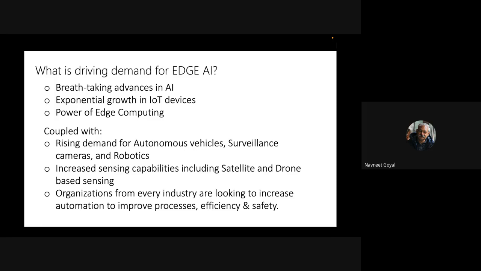And organizations from every industry are looking to increase automation to improve processes, efficiency, and safety. All these technological advances and demands that I just discussed have pushed Edge AI.